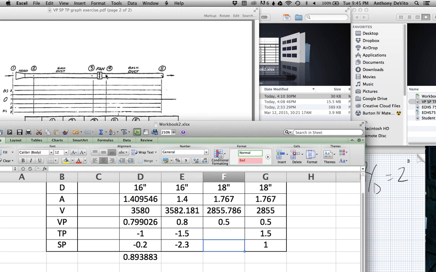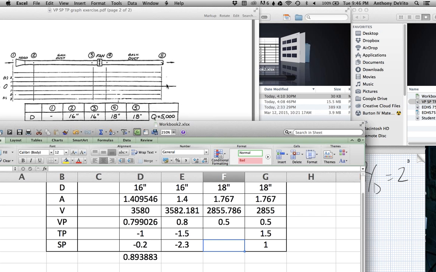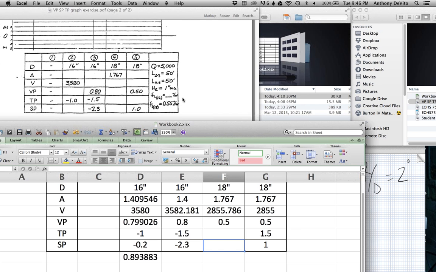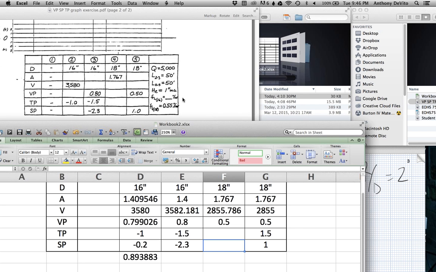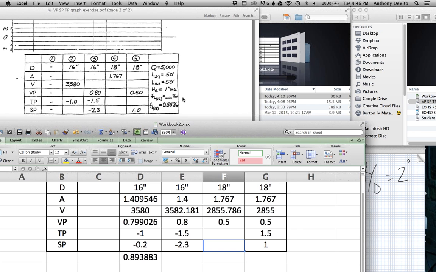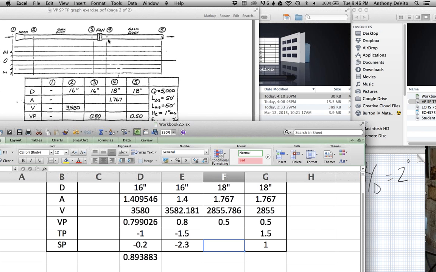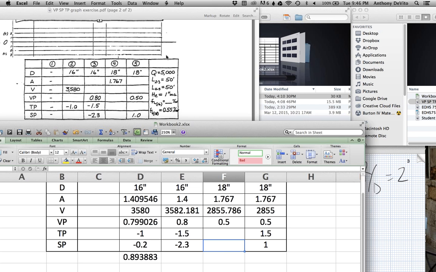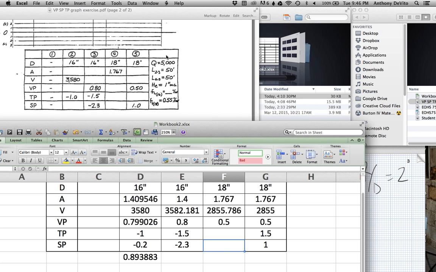Static pressure here is higher because we're going to lose static pressure as we move through this ductwork on the discharge side. So it's going to be higher. How much higher is it going to be? Well, in order to figure that out, we have to figure out what the loss of static pressure is in this length of ductwork.